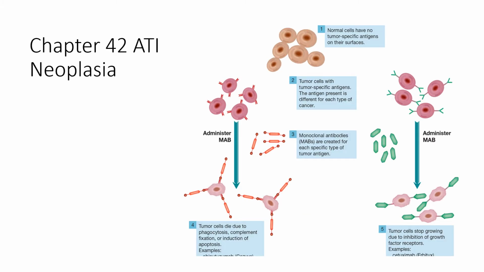Okay, so let's go on to talk about cancer and chemotherapy agents. And neoplasia, which you can see on this slide, is just another term for cancer. Let's briefly talk about the slide image here. This image is showing you a very specific cancer treatment, monoclonal antibodies.